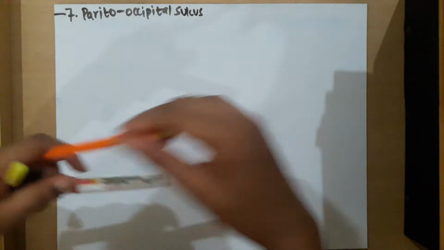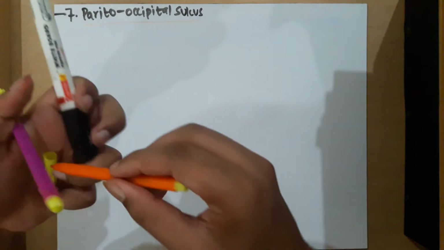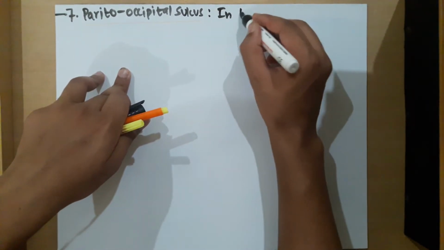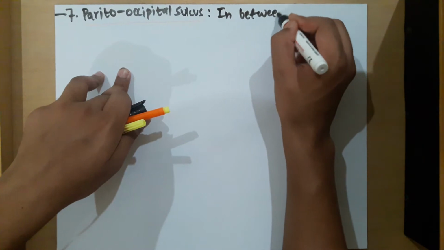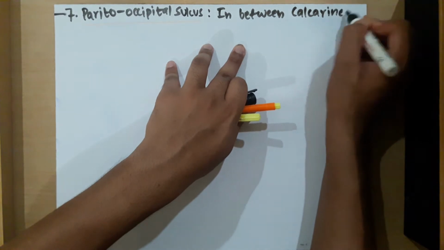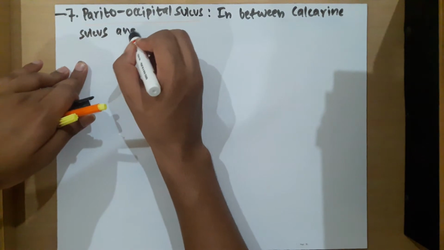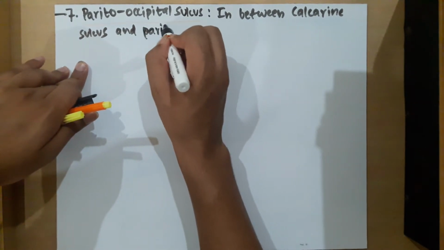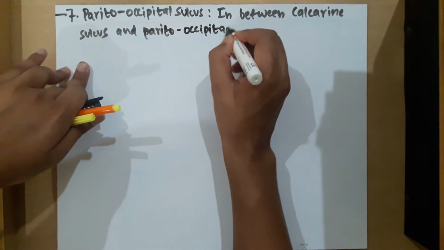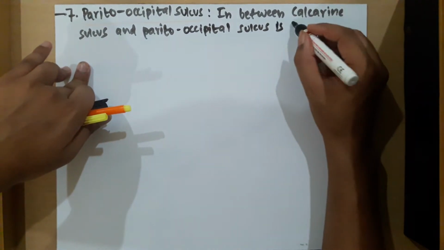So this was the seventh sulcus, and we told that the area in between the calcarine sulcus and the parieto-occipital sulcus is the cuneus.